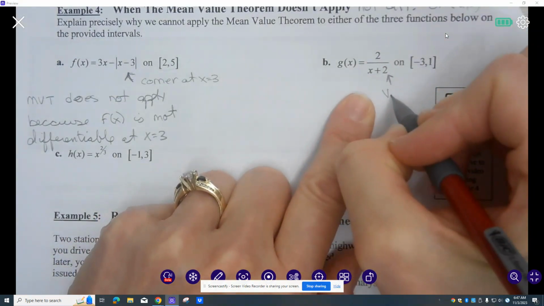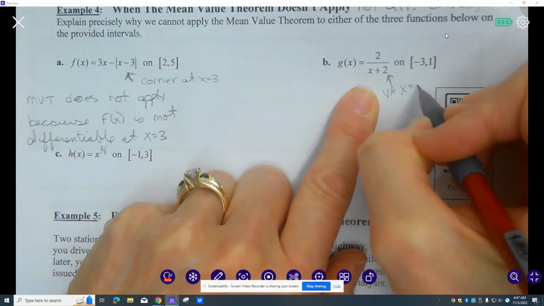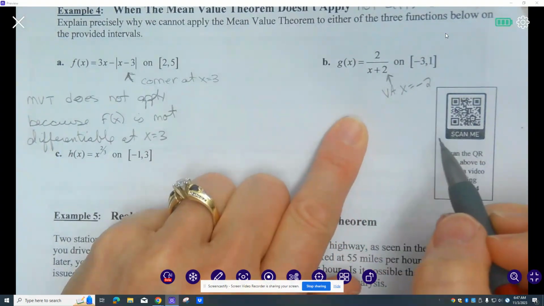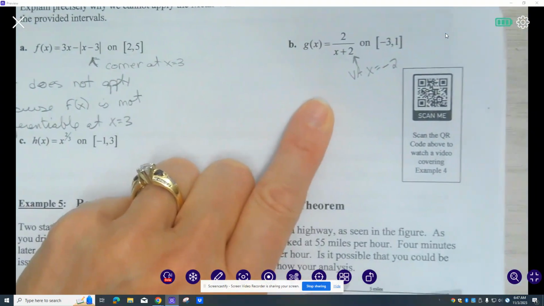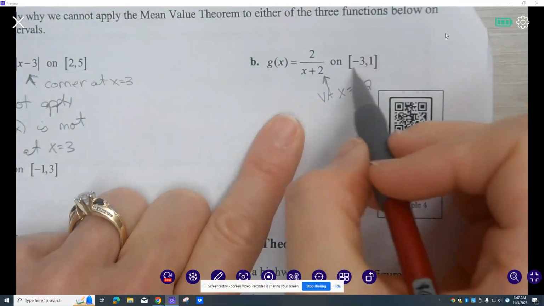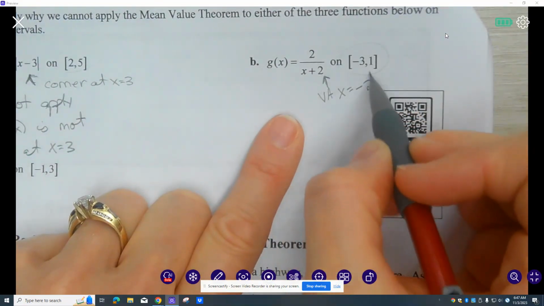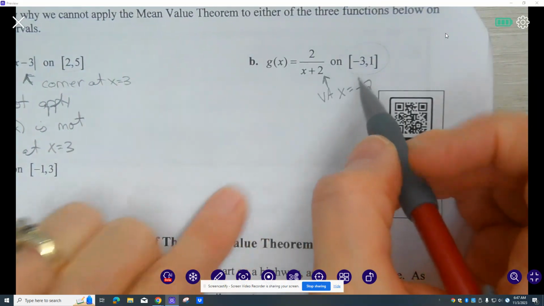Okay, the B, if you look at a function like this, a rational, right away, you should recognize there's a vertical asymptote at x equals -2. And then check the interval they're asking you about. -2 is on the interval.